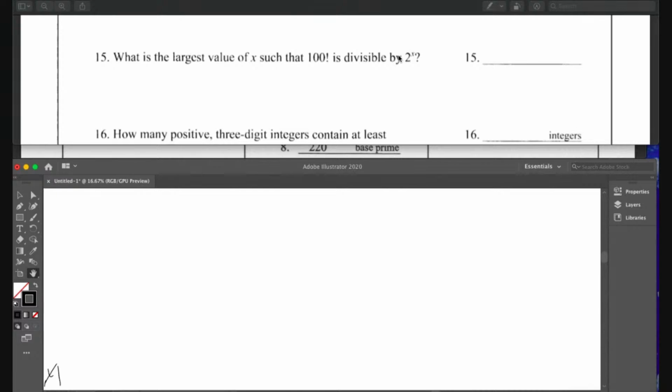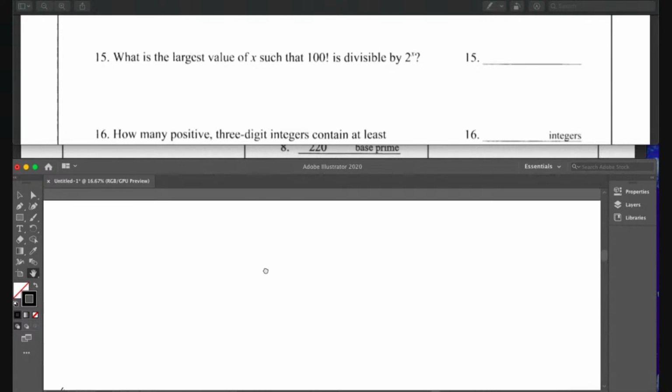So we're looking for the total number of factors of 2 in 100 factorial. However many factors of 2 are in 100 factorial is the maximum x that 2 to the x can divide into 100 factorial. So we're going to want to look for that.